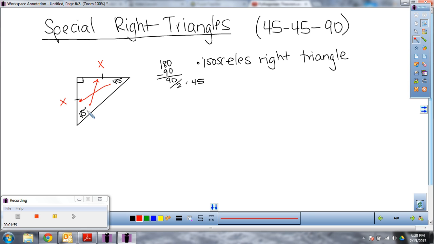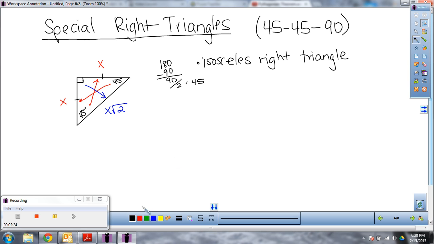And finally, the last side, which is the side that is across from the 90-degree angle, is represented by x square root of 2. So if you know x, then you know all three sides.